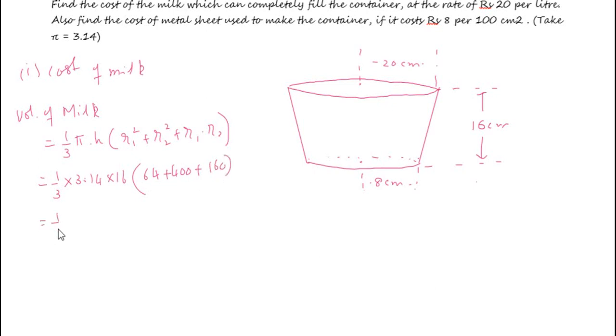That is 1 by 3 into 3.14 into 16, into 624, 3208. So volume equals 3.14 into 16 into 208 centimeter cube.